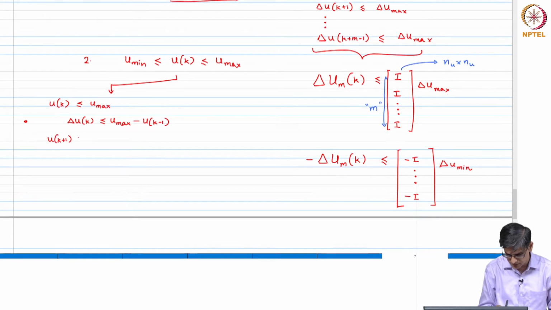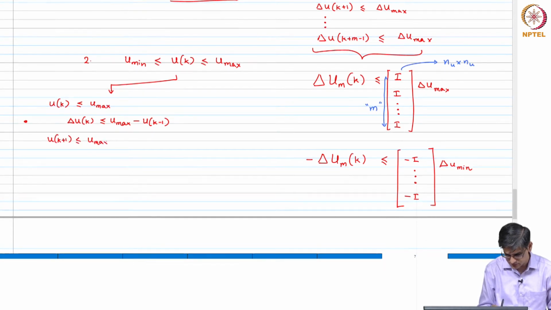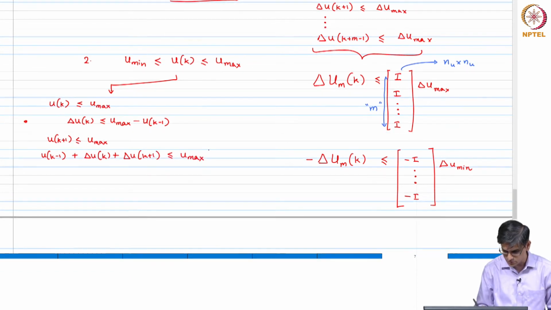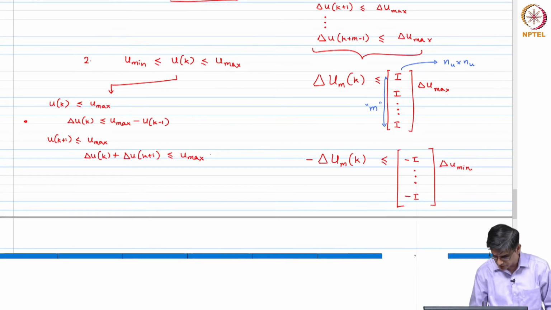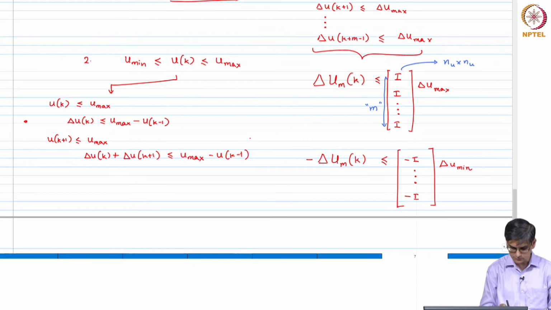Uk plus 1 less than or equal to u max is nothing but uk minus 1 plus delta uk plus delta uk plus 1 is less than or equal to u max. So, you take this on the other side and that is your other constraint. I hope you are seeing the pattern developing.